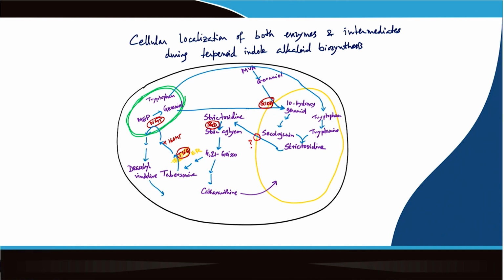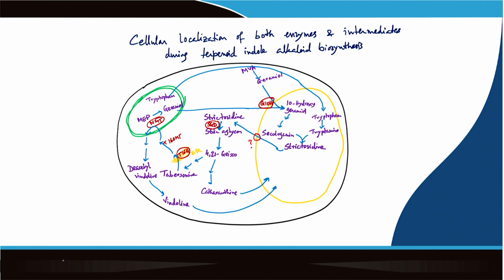And then it makes vindoline, and this vindoline again enters into the vacuole. So, catharanthine enters, vindoline enters.